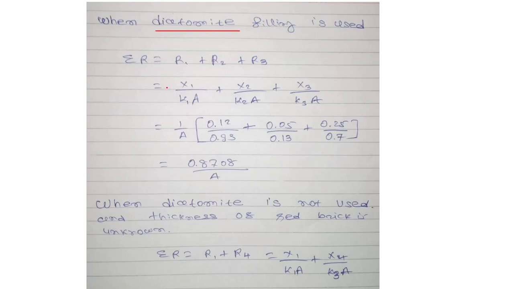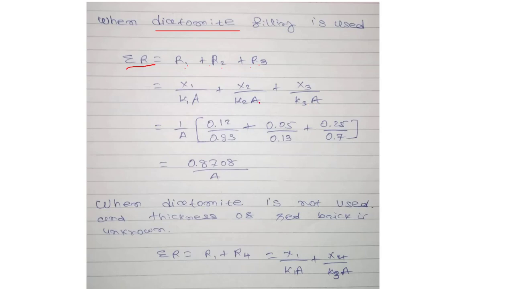As all three layers are in series connection, our equation of resistance becomes R1 plus R2 plus R3. So total resistance sigma R is R1 plus R2 plus R3. We know the equation, it is X upon K. So for the fire clay it is X1 upon K1A, plus for diatomite it is X2 upon K2A, and for red brick it is X3 upon K3A.